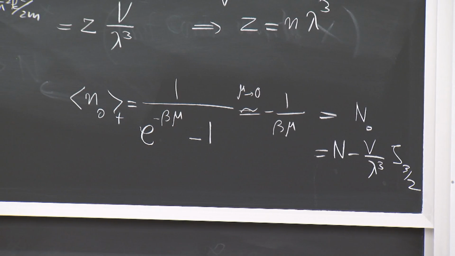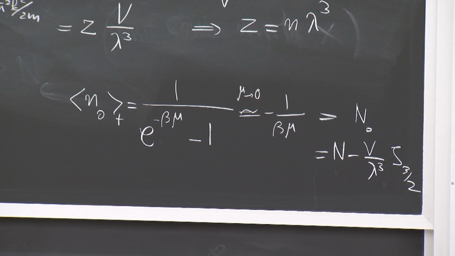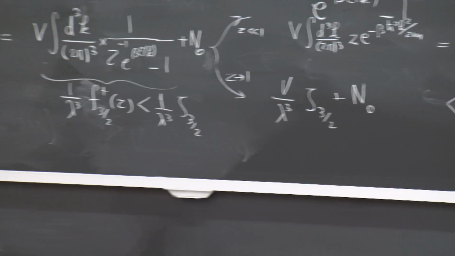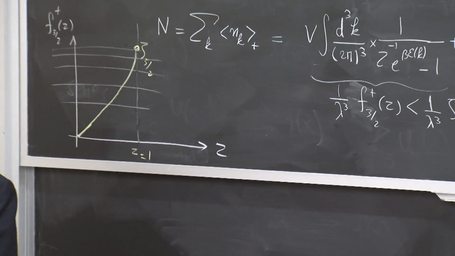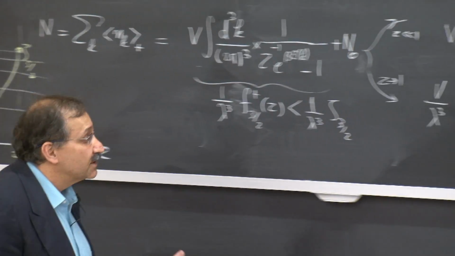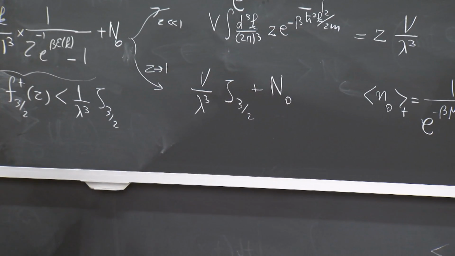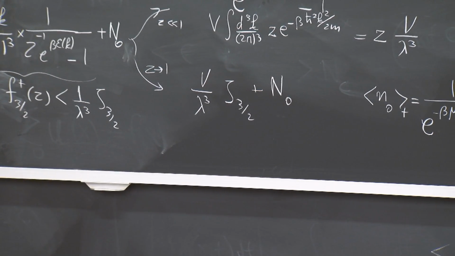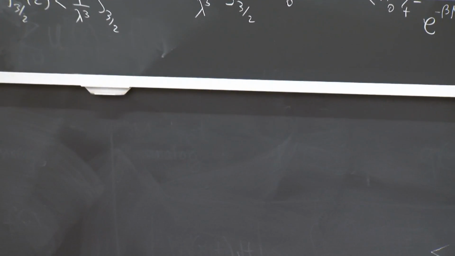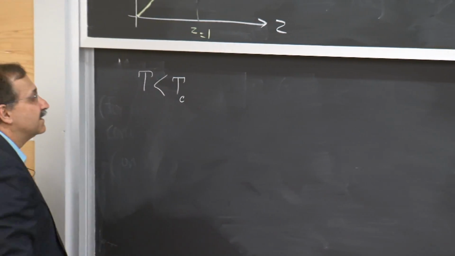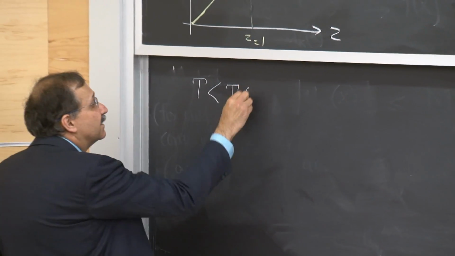And if I choose that value of mu, that is essentially pushing z infinitesimally close to 1, then I can ensure that I have a finite occupation over there. Okay? So what does it mean if I could actually look at these occupation numbers when I am at temperatures less than Tc of n?